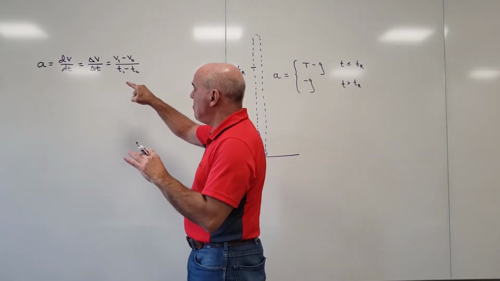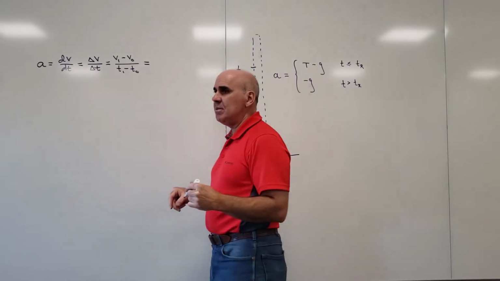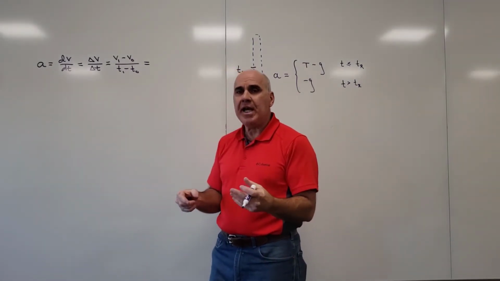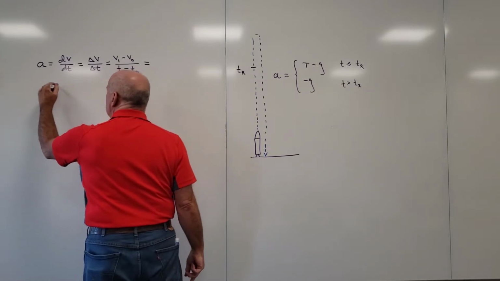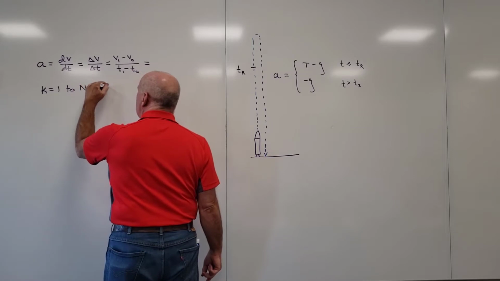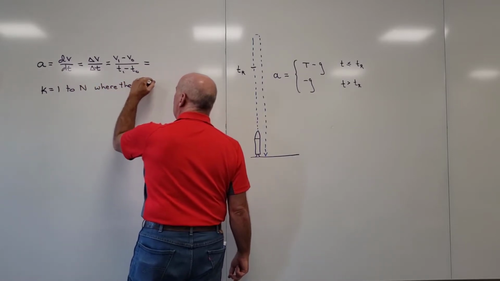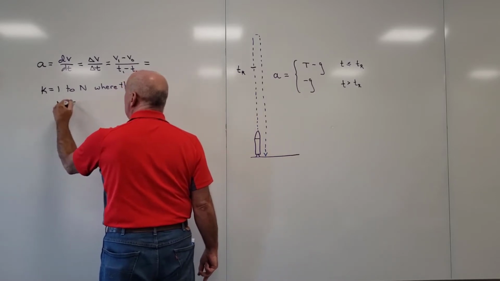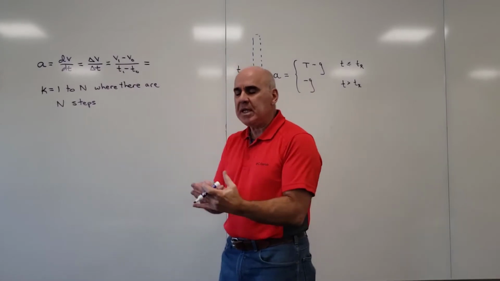But that doesn't have to be the case. In fact, it's really more generic for me to write it this way. I'm going to use a subscript of k, where k is just some integer value, right? So k is equal to 1 to n, where there are n steps in this process. Now, I may not know what n is right away, but that's all right.